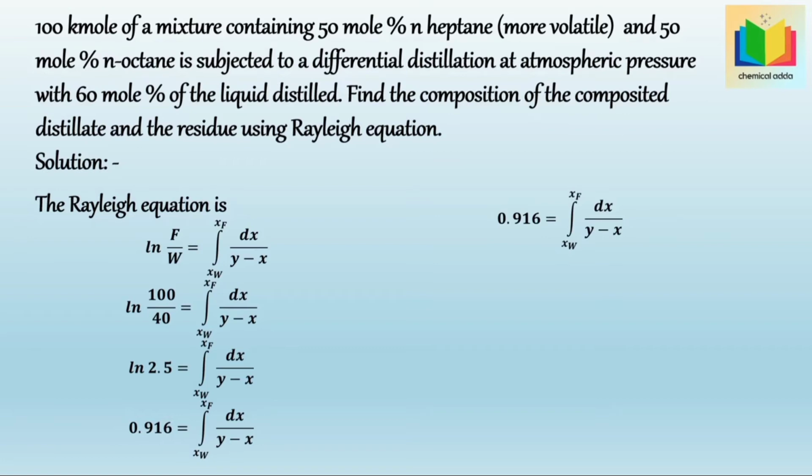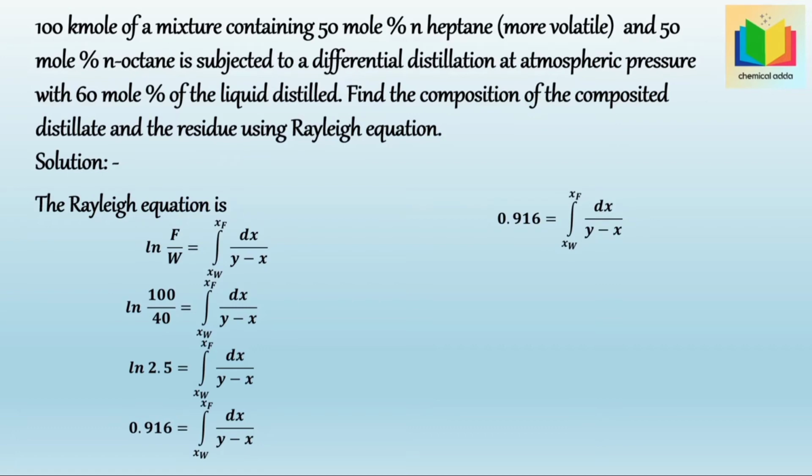Now, to solve the right-hand side of the equation, first, we have to plot a graph between 1 divided by y minus x versus x. Then, we will measure the area under the curve from x equal to xF to x equal to xW. From this, we get xW, that is the composition of residue.